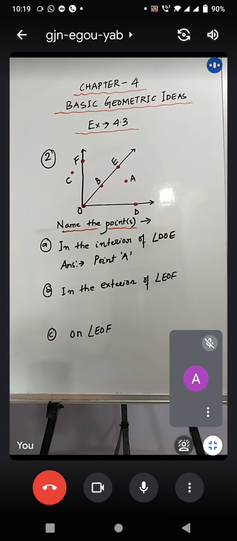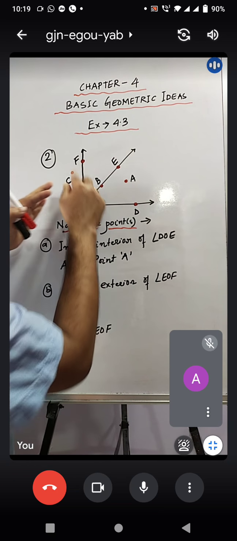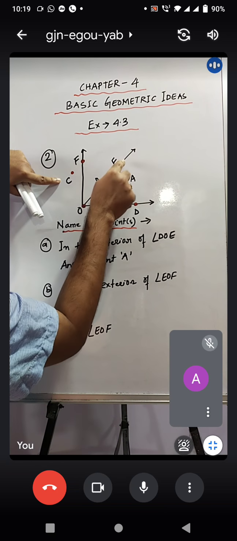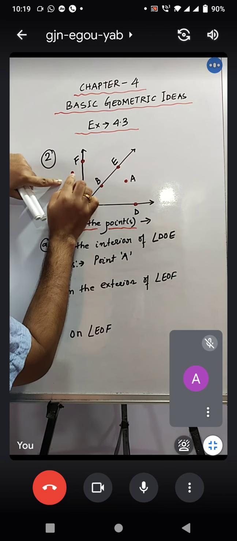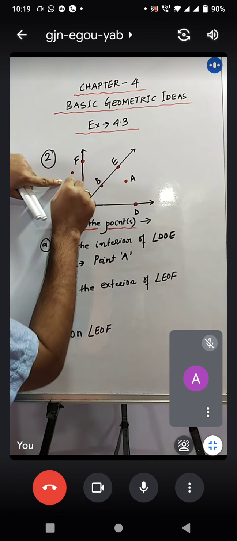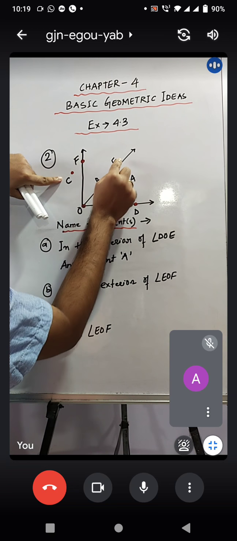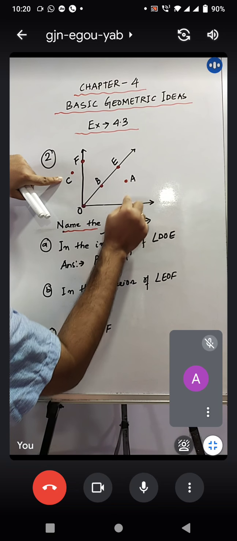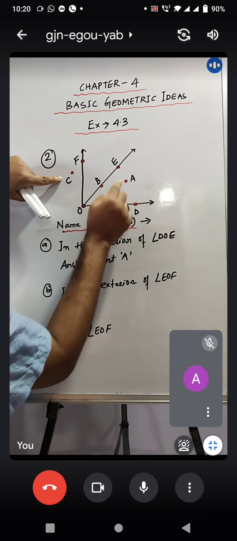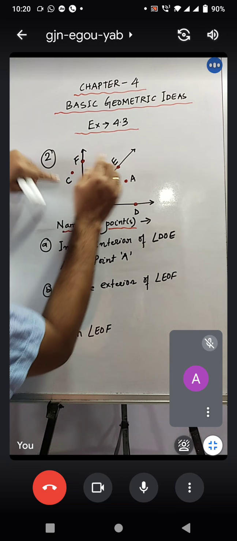Okay. So which points are outside of this angle? This point is also outside. See this angle. This is the angle. So we have to name all the exterior points. That is, C is also exterior to this angle, A is also exterior to this angle, and D is also exterior to this angle. Okay, so these are the 3 points which are outside.